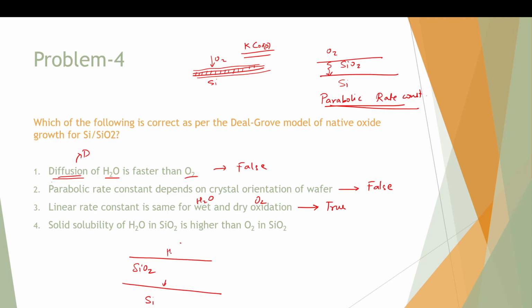Compare that to H2O: more oxygen species will be able to reach the silicon surface because solid solubility of H2O is higher in SiO2. Because of this, the linear rate constant will be higher because the reaction will speed up at the interface. So this is false. It's not the same. It is higher for H2O. And this is true. Solid solubility of H2O in SiO2 is higher than oxygen in SiO2.